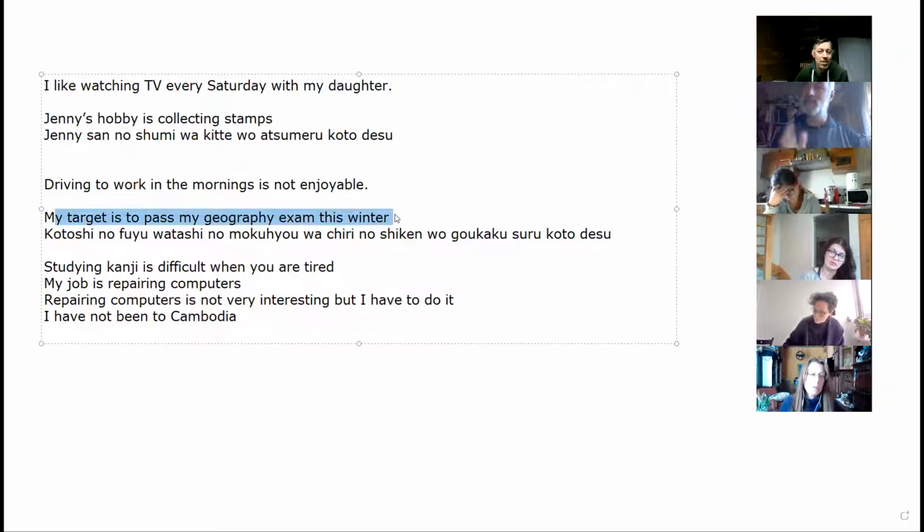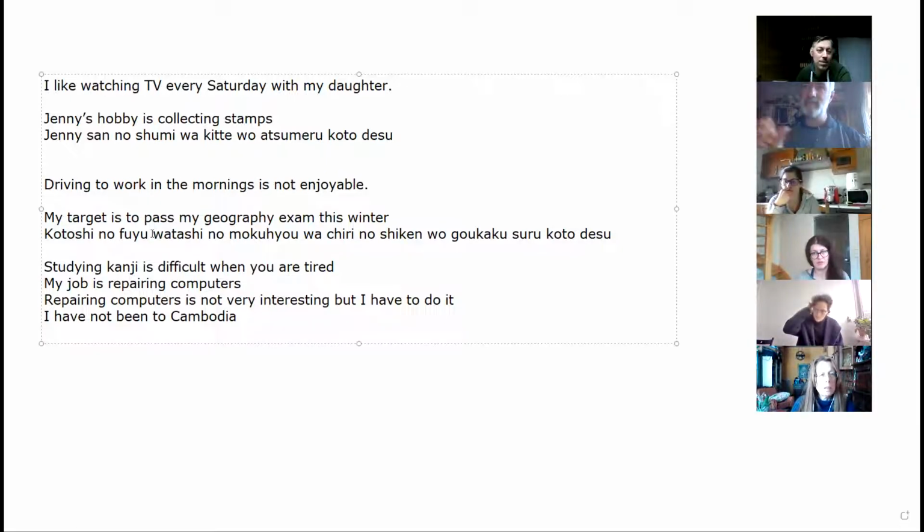Maybe it should be watashi no mokyou wa kotoshi no fuyu ni chiri no shiken o goukaku suru koto desu. So maybe this kotoshi no fuyu could be moved, but I'm not going to worry about it, providing you're aware that this has some slight effect on the meaning of the sentence. That's fine.